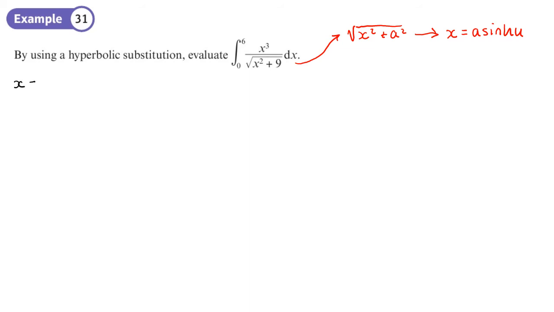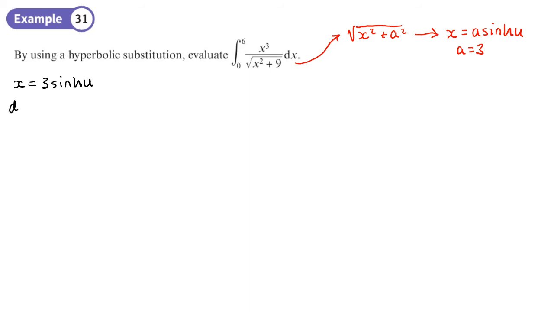x equals, in this case, a is 3. So the substitution I'm going to make is x equals 3 sinh u. You could use theta instead of u, or any letter that allows you to do a substitution.